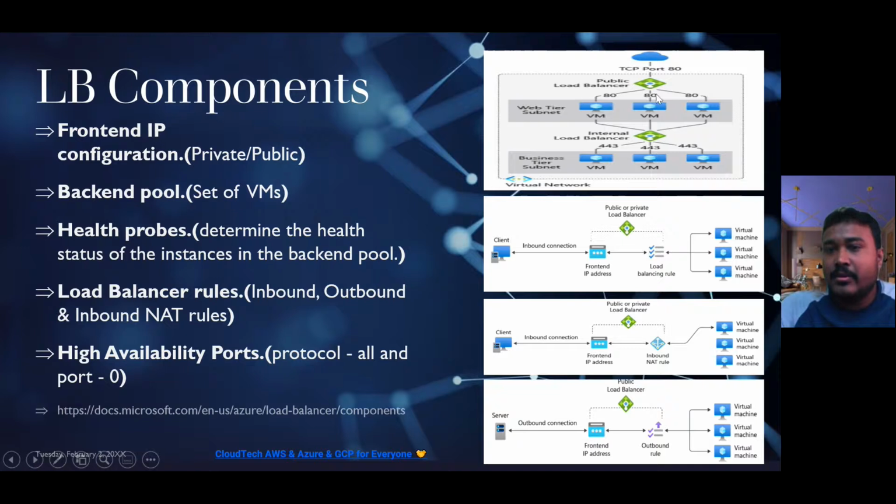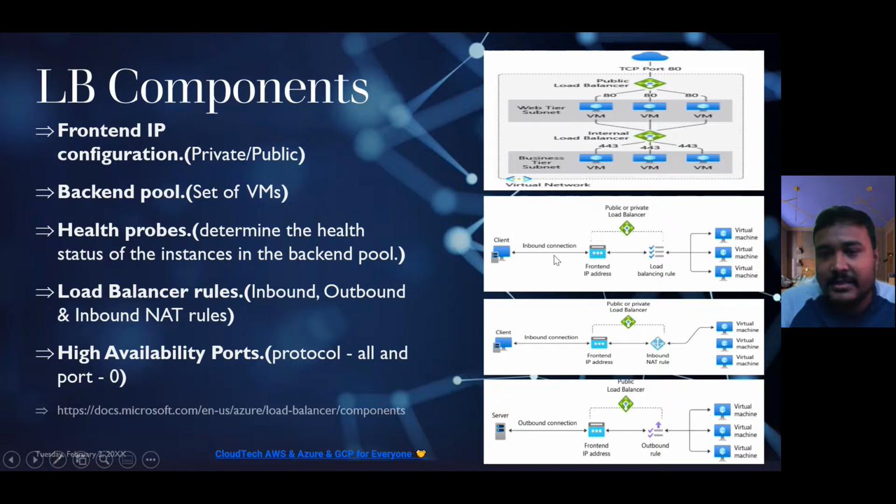And in this web tier we have one public load balancer, and through the internet, TCP port 80, traffic first comes to your web tier. Now the web tier wants to communicate with the business tier. Business tier means, as I said, either the app server or database server, right? And the internal load balancer will manage which VM should get which request.